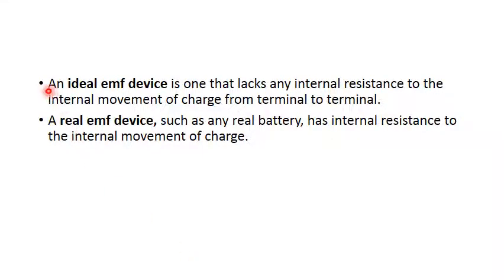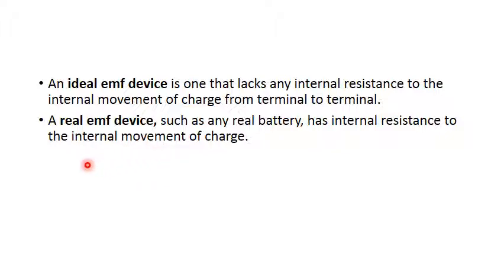For the case of an ideal EMF device, the device is only composed of a charge pump without any resistance inside it, so it lacks any internal resistance to the internal movement of charge. It just pumps the charge without any resistance. Actually, real EMF devices, such as a real battery, include internal resistance to the internal movement of the charge.